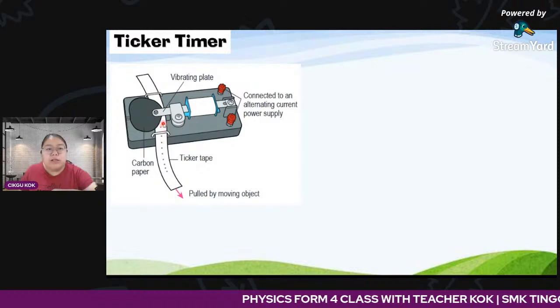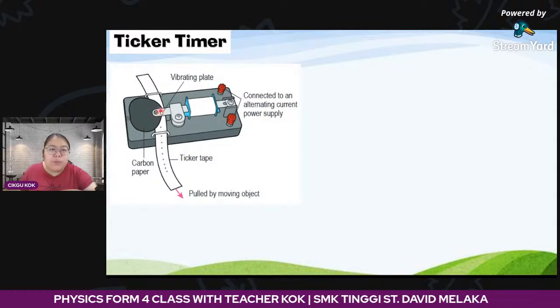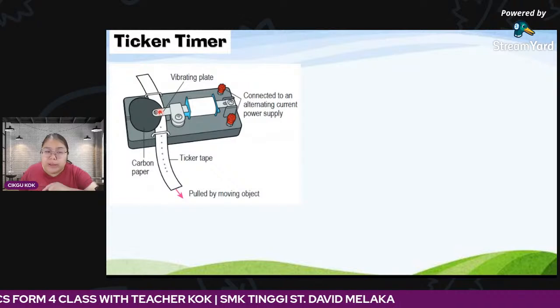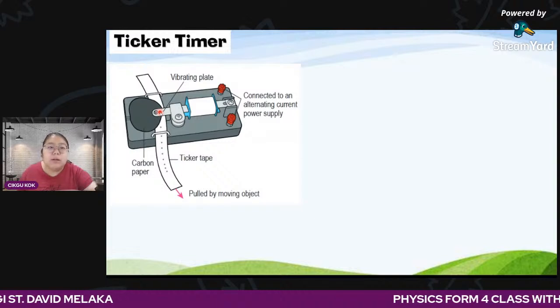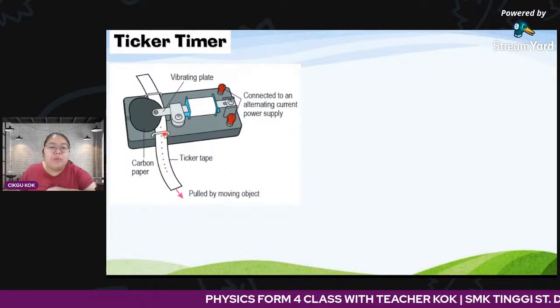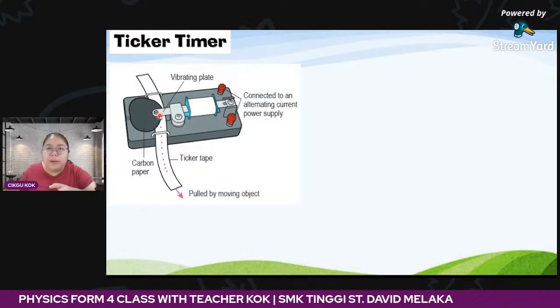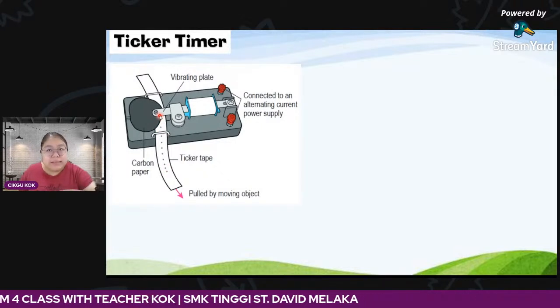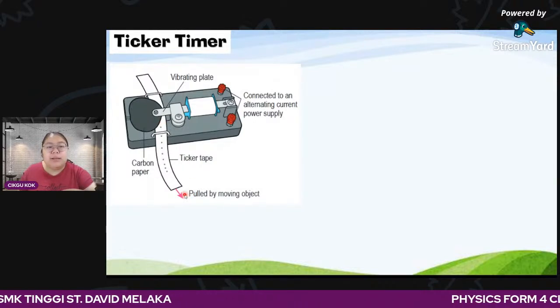When I put it below the carbon, the vibrating plate will vibrate. When it vibrates, it will hit the carbon, and after hitting the carbon, it will hit the paper. When it hits the paper, you get dot, dot, dot. If I never pull the ticker tape, the vibrating blade always hits the same point. So now I pull the ticker tape.